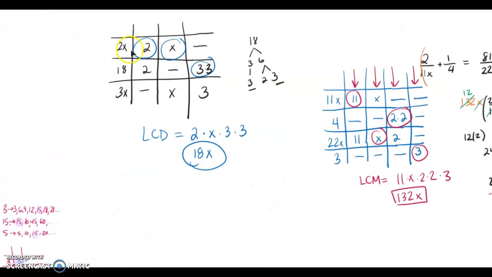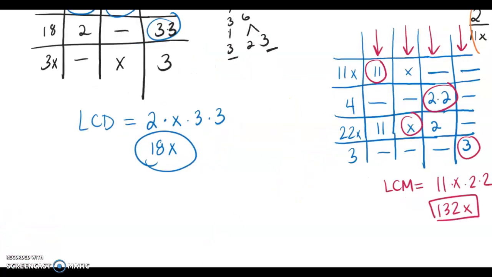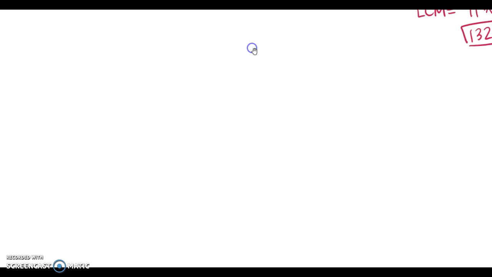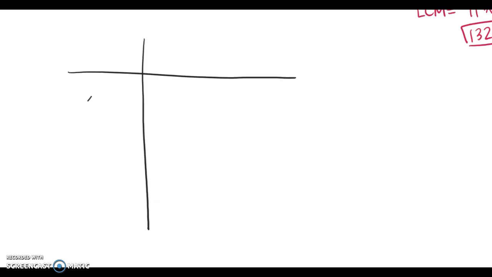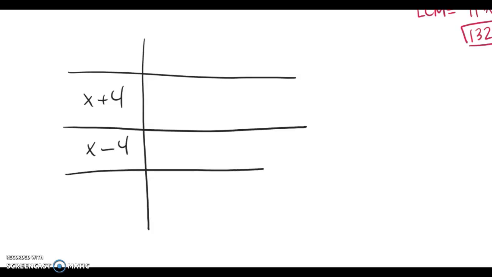In those we had 2 times x, 18, 3 times x, 11 times x, 22x. This time, my x doesn't have multiplication in it. It has addition. So I have a factor of x plus 4. That's one denominator. I have x minus 4. And then here I have x plus 4, x minus 4. So these are the 3 denominators.